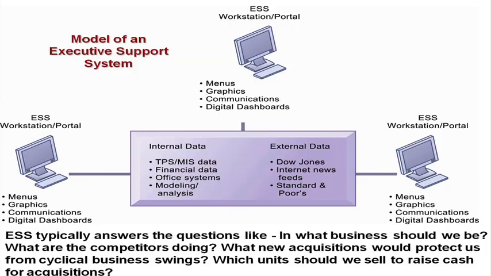Now, look at this. You can say this is a model of an executive support system, and here you use both external data and data coming from TPS and MIS and sometimes from various models, like a decision support system which runs a simulation, analytical or statistical model.